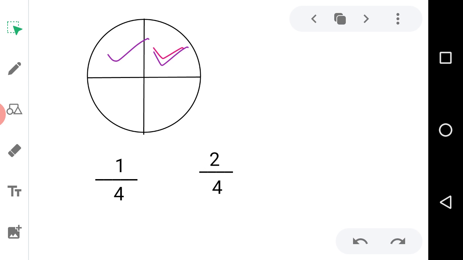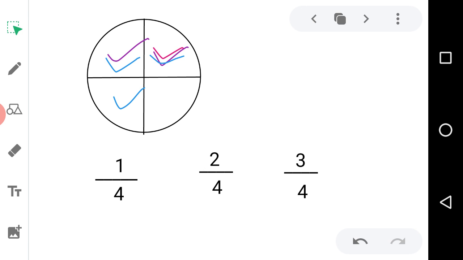Now I want to take 3 parts. First I draw the line, then I write the total number of parts and then the parts which I have taken. So we write 3 upon 4, which means 3/4.